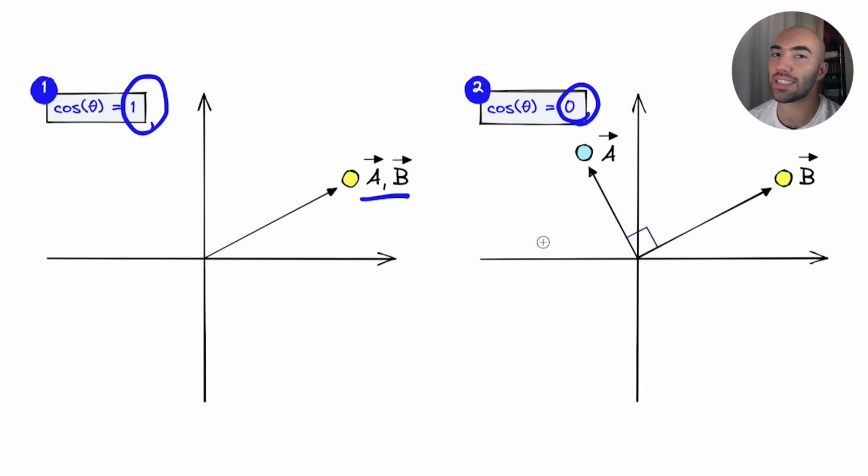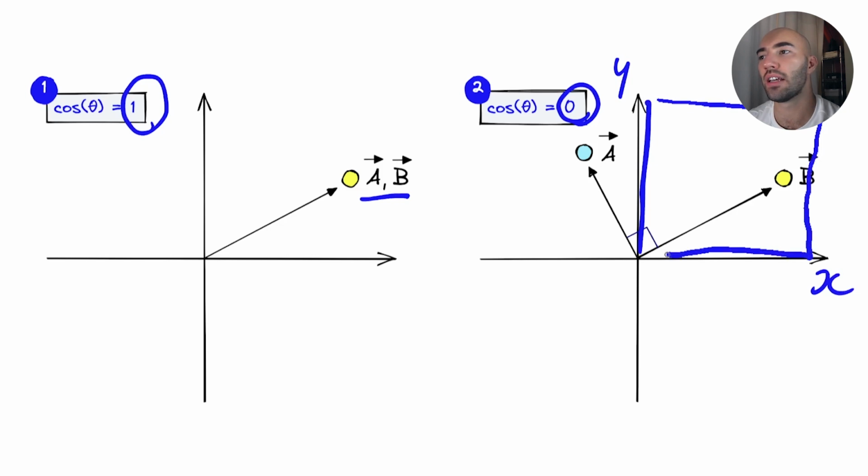So in reality, all of our vectors would have to be placed within this space here, assuming this is the positive y-axis and this is the positive x-axis. So this vector A down here would not happen, but I'm just using it to show that we can have a cosine similarity of 0.